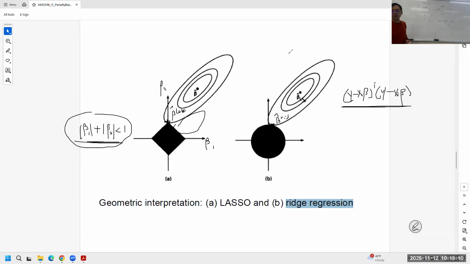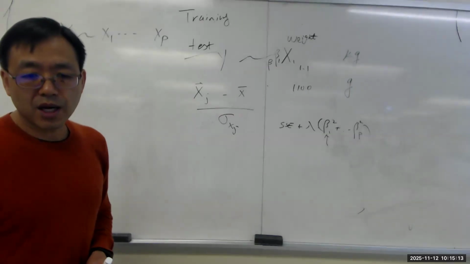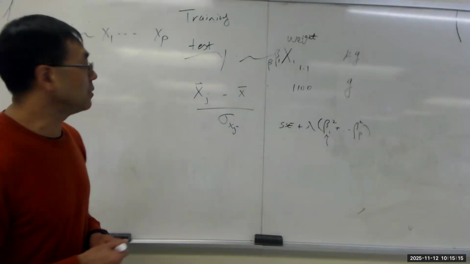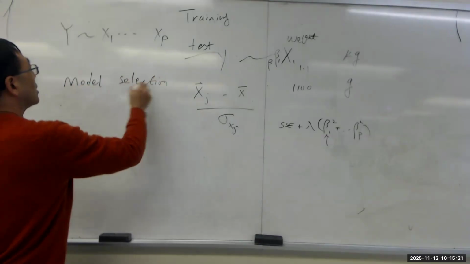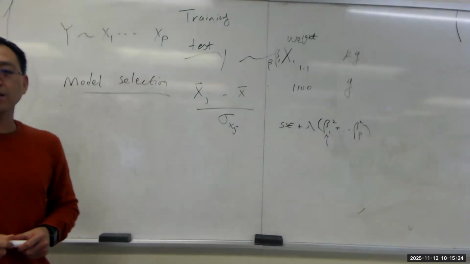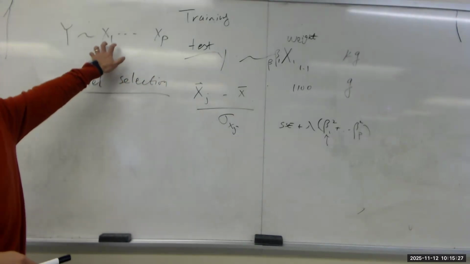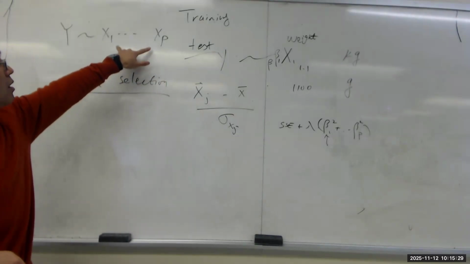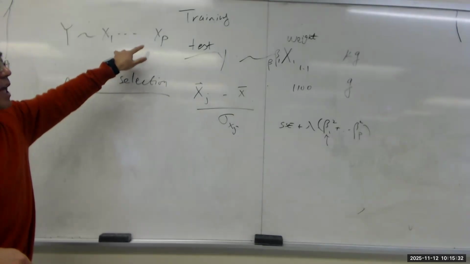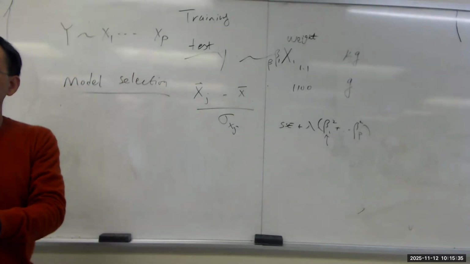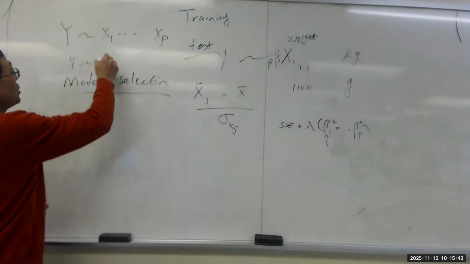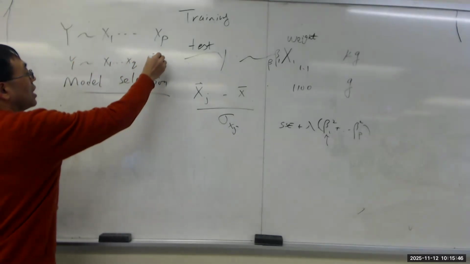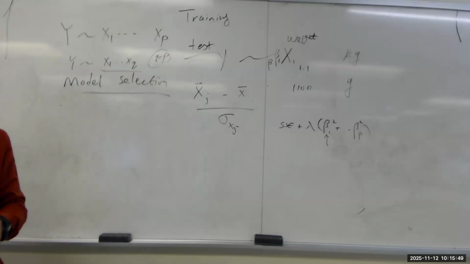That model selection means we want to select, from the given set of features or covariates, a subset which is important to your regression, only contributing to the regression. Say in my model selection, I only determine x1 up to xq, where q is less than p, so only the first q variables are significant.